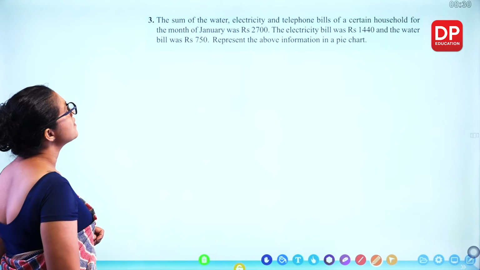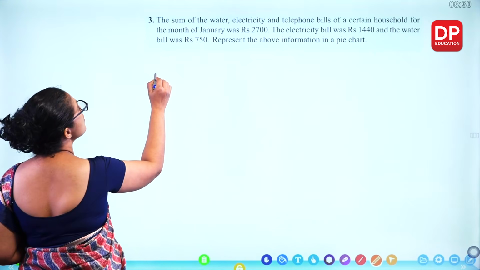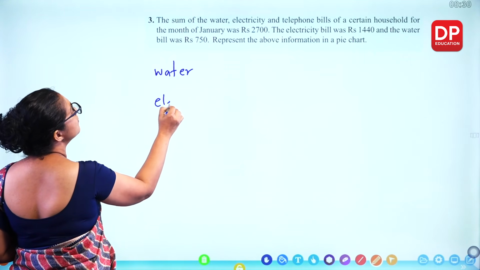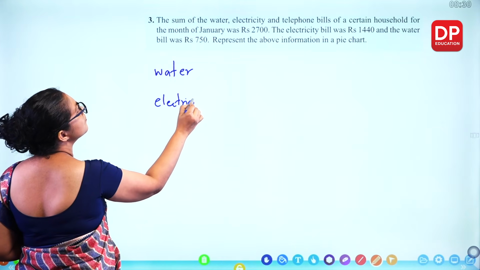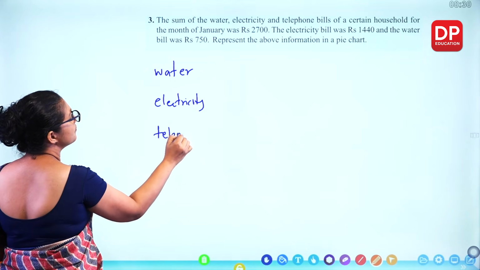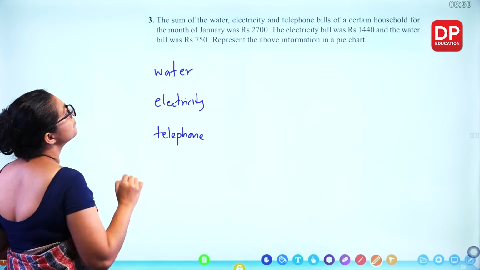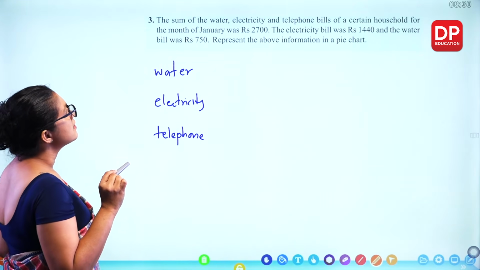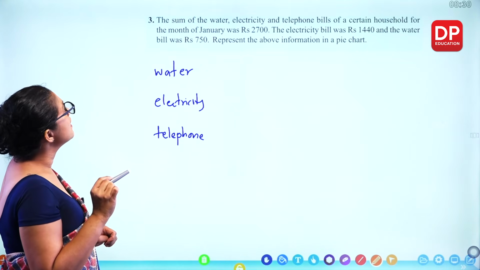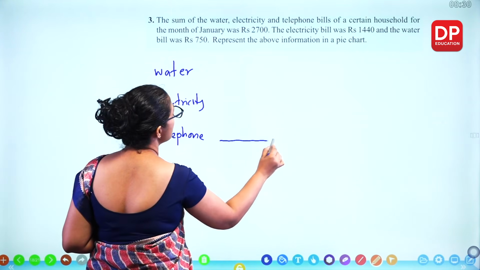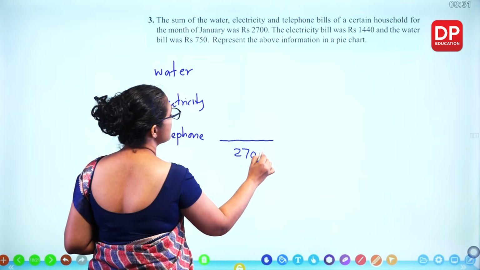Okay, so we'll first write. So it says water bill, electricity bill and the telephone bill. So here the total, the sum of all together is given, 2,700 rupees.